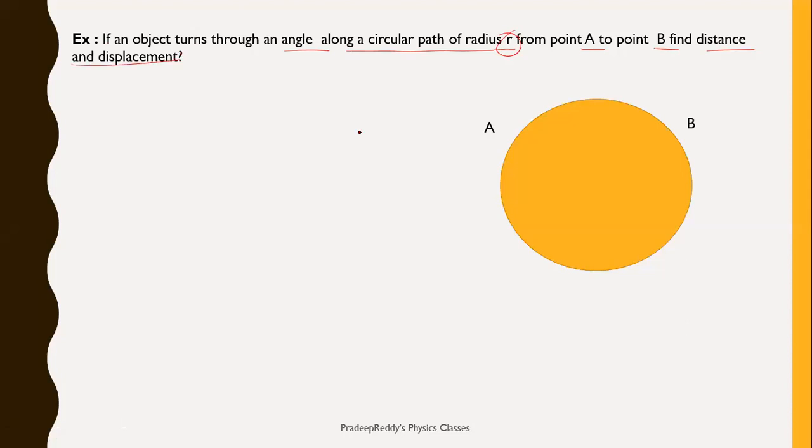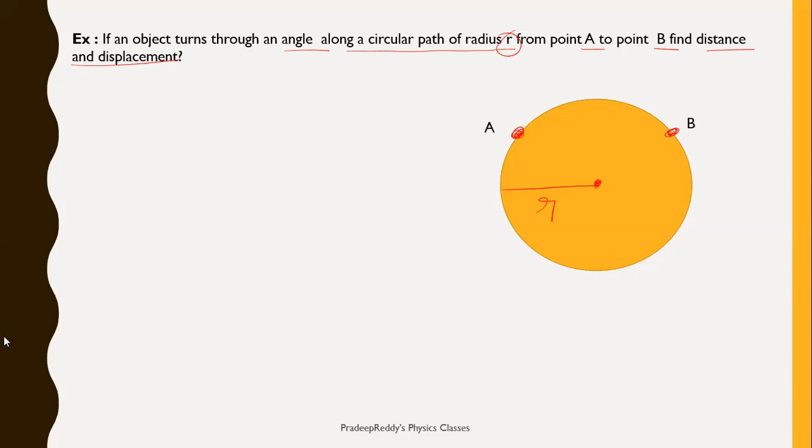You are supposed to calculate distance and displacement if it is starting from position A. This is position A and this is position B. And of course, this is the center of the circle, and the radius of the circle is given as r. You are now supposed to calculate distance and displacement from position A to position B.